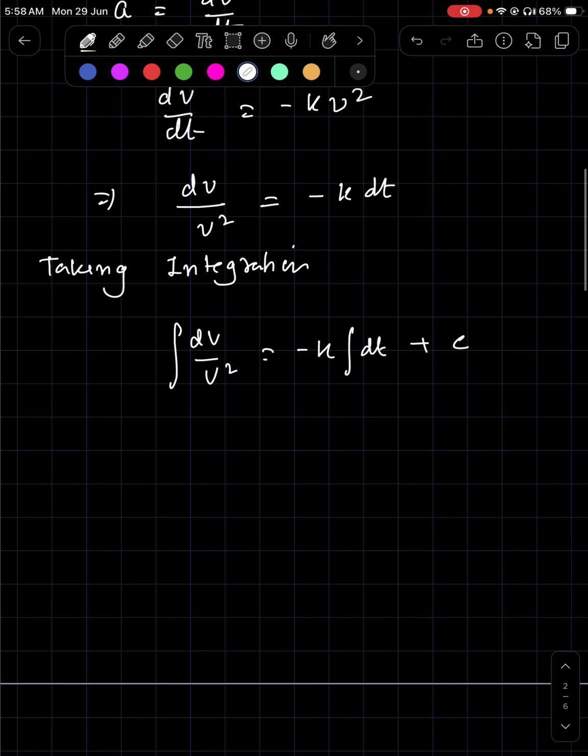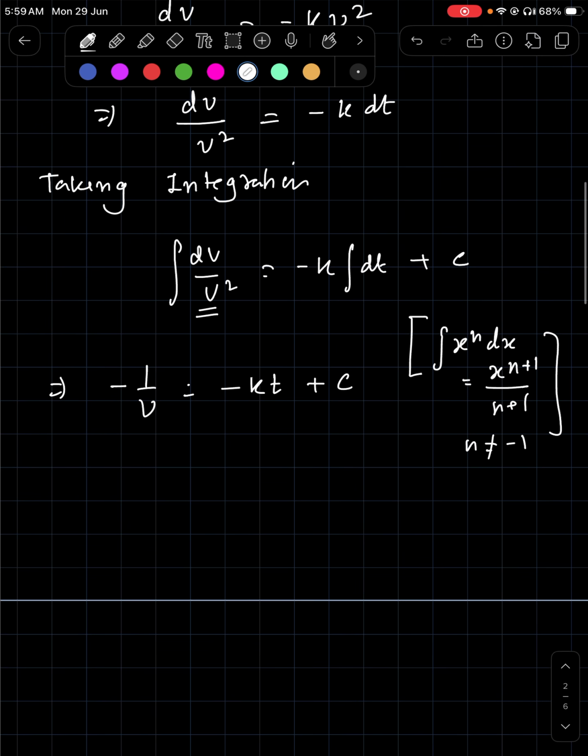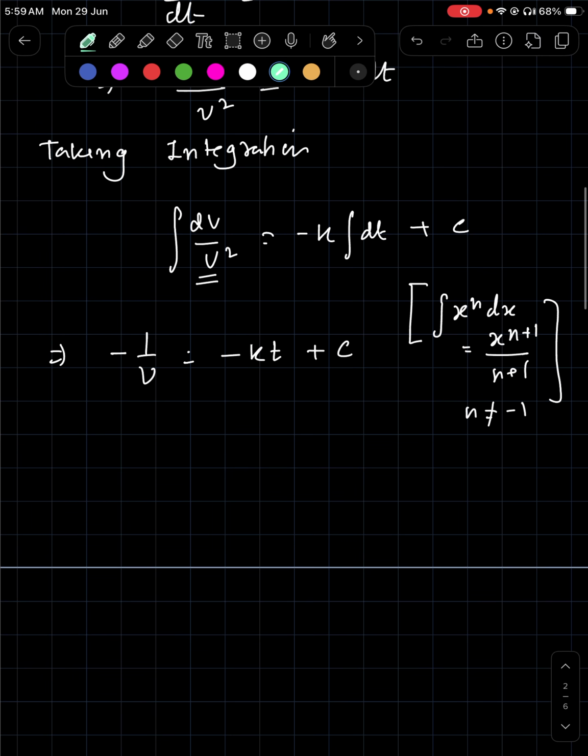From this, we use the formula that the integral of x to the power n dx equals x to the power n plus 1 divided by n plus 1, where n is not equal to minus 1. Here n is minus 2. So I can write minus 1 by v equals minus kt plus c. Now it is the moment to use the initial condition.